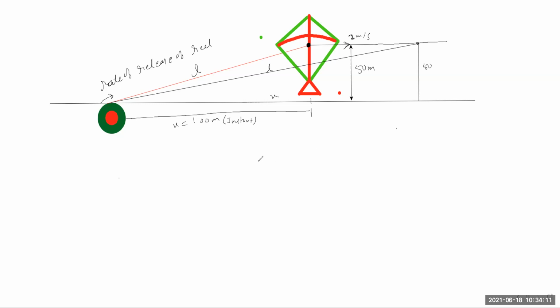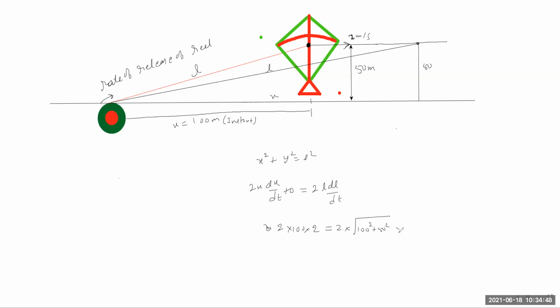So x square plus y square equals L square. 2x dx by dt plus 0 is 2L dl by dt. Then we can put 2 times 100, dx by dt is 2, into L, which is under root of 100 square plus 50 square.